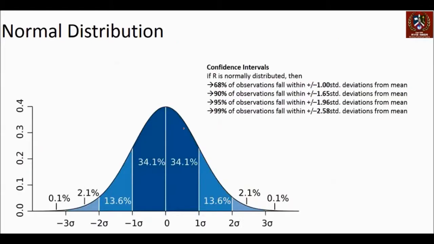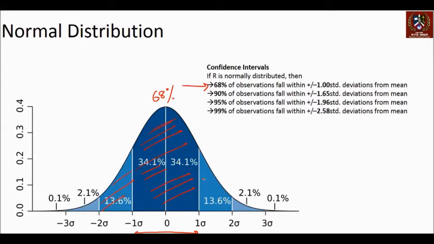So what is the theory? The theory says that between 1 standard deviation negative and 1 standard deviation positive, close to about 68% of all observations will be between plus minus 1 standard deviation, right? Approximately.